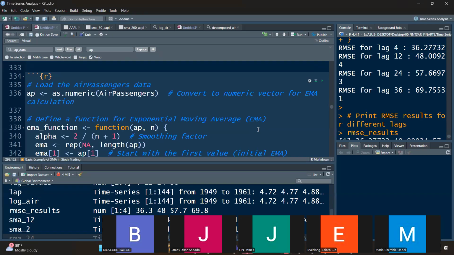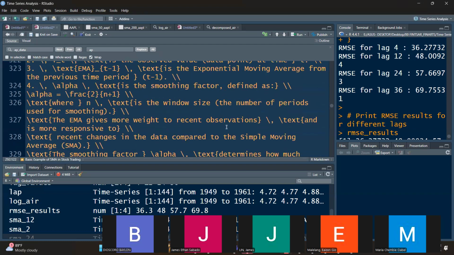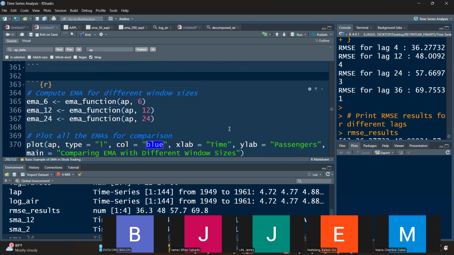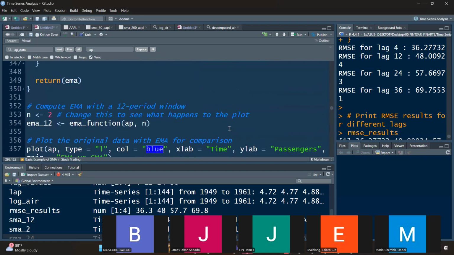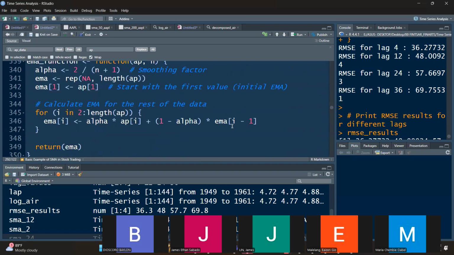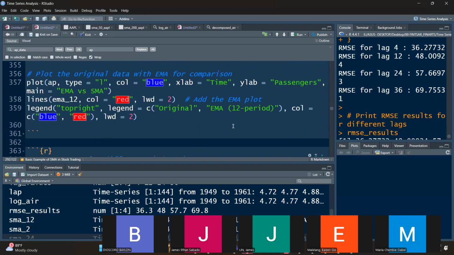It's a simple average. On the other hand, for exponential moving average, what do we do? The formula is different. You also average it, but it's a weighted average.